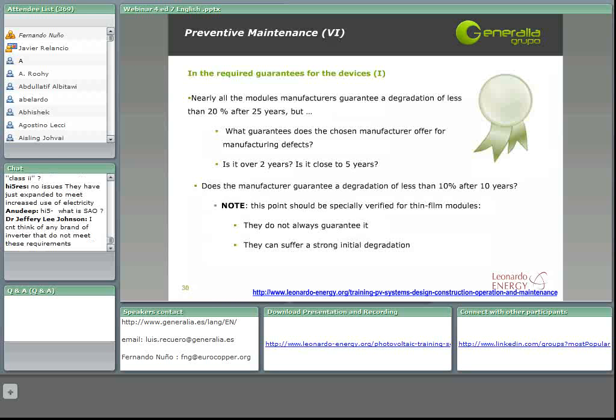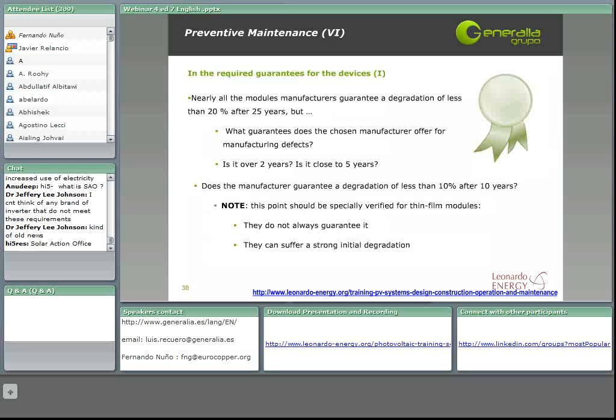In order to get the required guarantees for the devices of our facility, we will also have to check some points about the guarantees. Talking about the solar modules, as we have already said within this webinar, nearly all the manufacturers guarantee a degradation of less than 20% after 25 years.